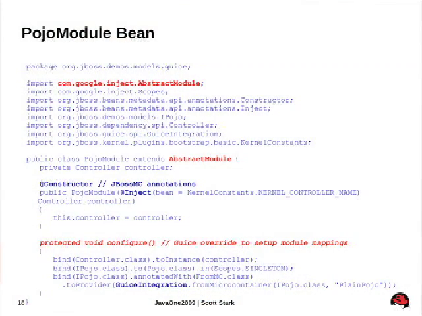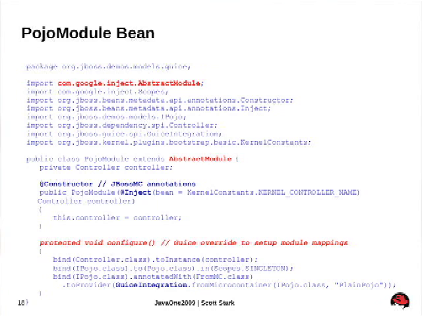And the two pieces that entails are this Juice kernel registry entry plugin bean and an implementation of the Juice module system here, the Pojo module. All right, let's take a quick look at that code to see how simple that is.